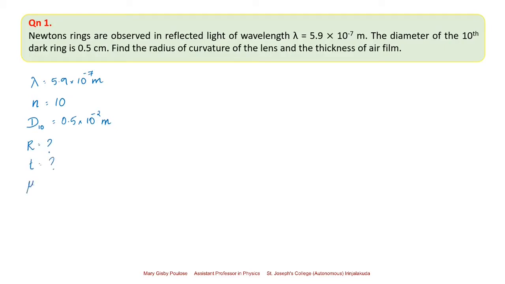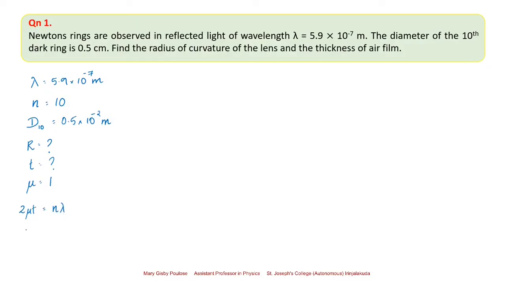So the refractive index here is 1. Here we have observed the dark ring, so let us use the condition for destructive interference or darkness. It is given as 2 mu t is equal to n lambda, right?